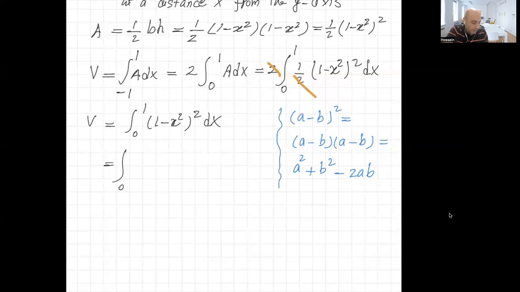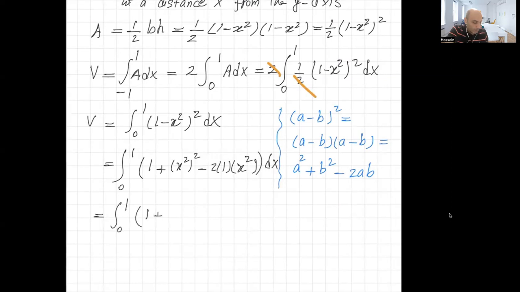So I have the integral from 0 to 1 of the first term squared plus the second term squared, x to the fourth, minus 2 times 1 times x squared, dx. Simplifying, I get the integral from 0 to 1 of (1 plus x to the fourth minus 2 x squared) dx.